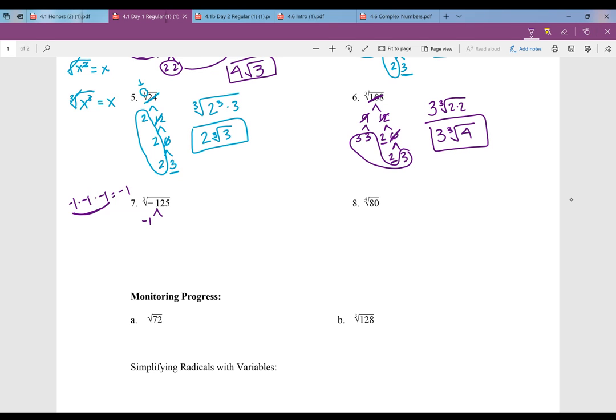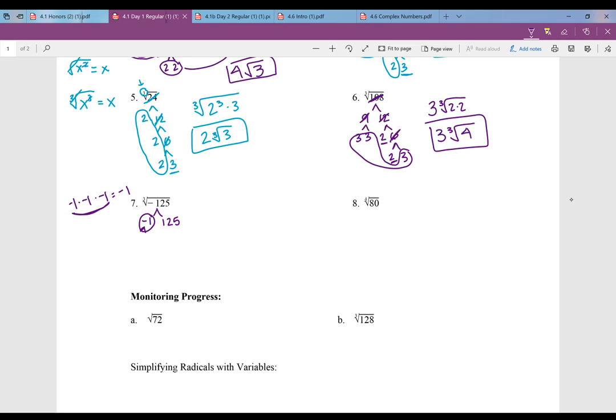So first let's just pull out the negative 1, and then we'll have 125. Anytime you pull out a negative 1, you can just know that that's going to be a negative 1 on the outside, because we know negative 1 times negative 1 times negative 1 is equal to negative 1. Now we're going to break down 125.